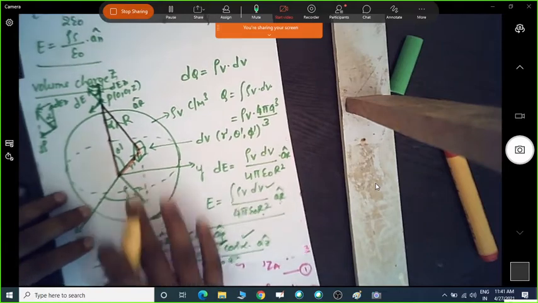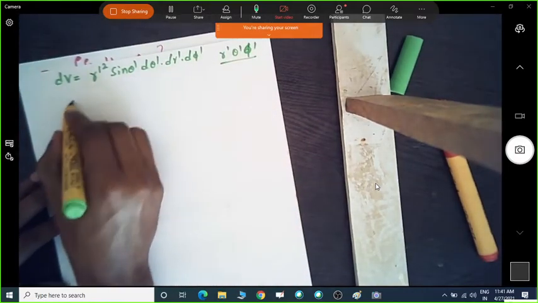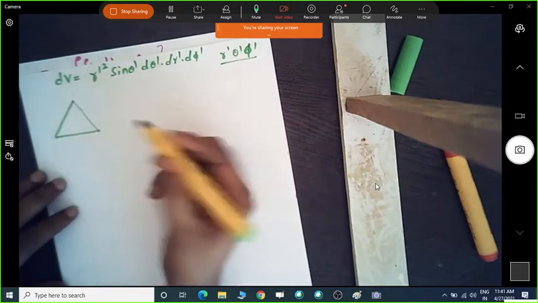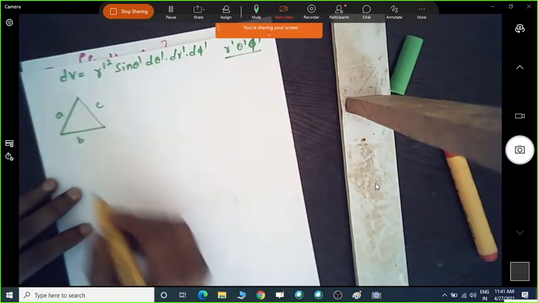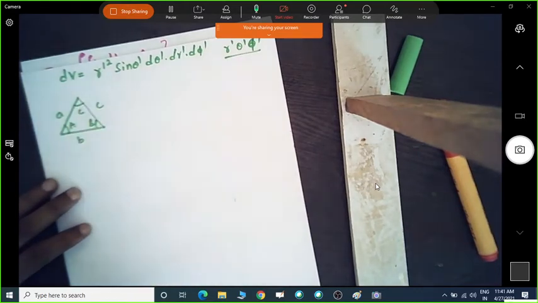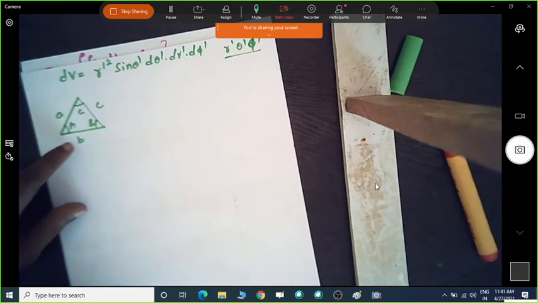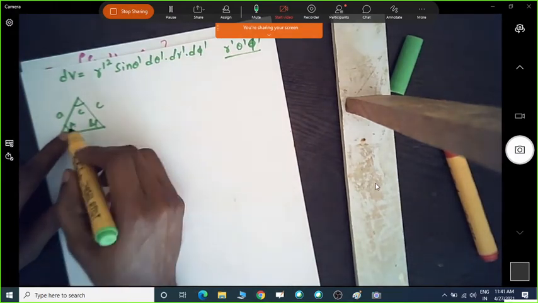So what is the cosine rule? If we have any triangle with sides A, B, C, and angles A, B and C, and I want to find the cos of angle A, then what will we get?